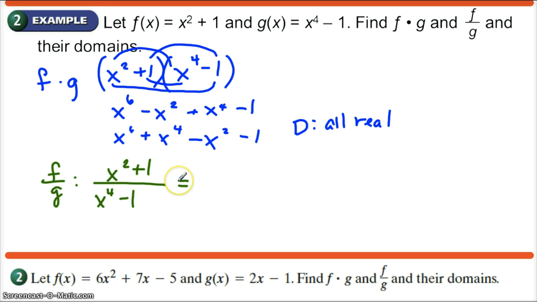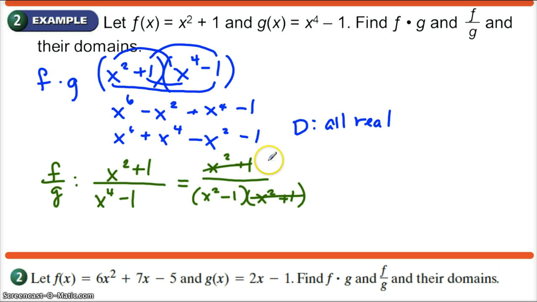So we're going to rewrite this. X squared plus 1 over x squared minus 1, x squared plus 1. Very cool, huh? This cancels out with this, leaving 1 up here. So this gives us 1 over x squared minus 1.